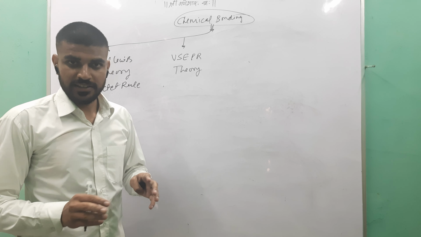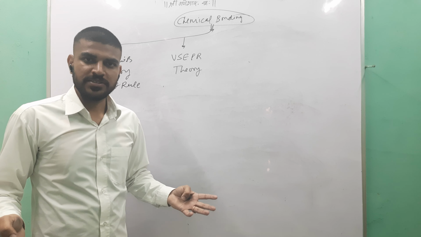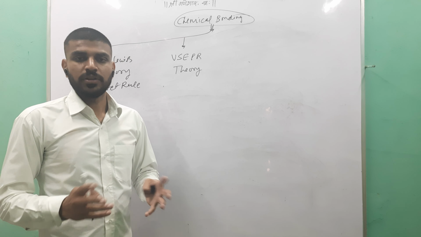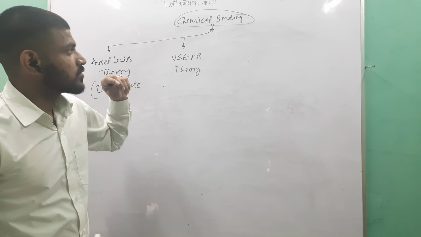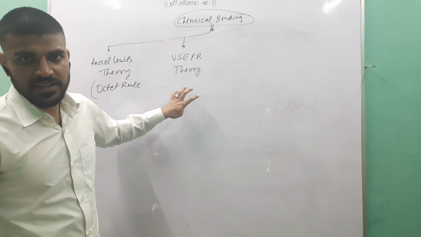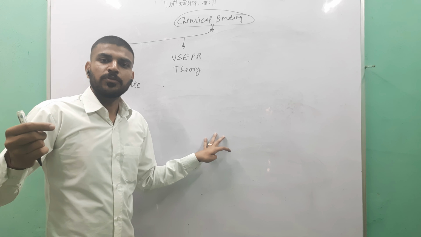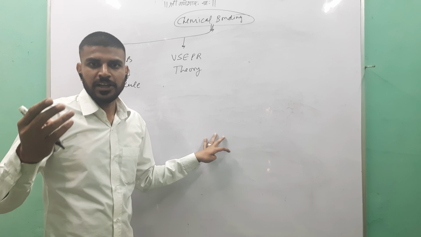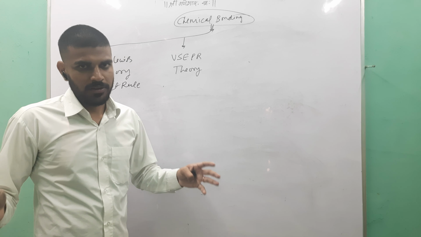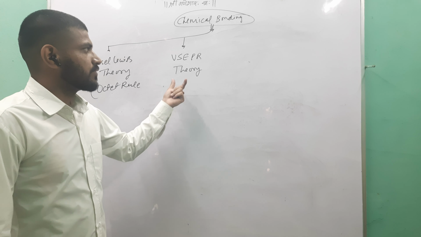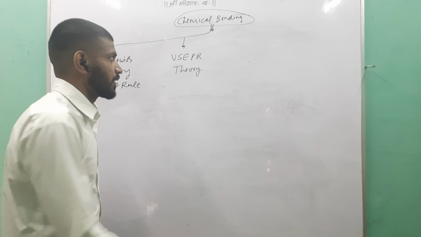The more lone pairs there are, the more repulsions there will be. When a compound has one lone pair, two, three, four lone pairs and so on, what will be the effect of lone pairs on the structure? This explains the molecular structures of compounds.